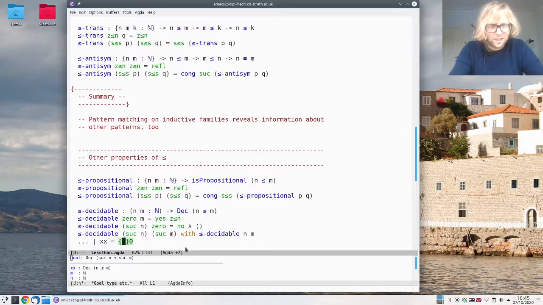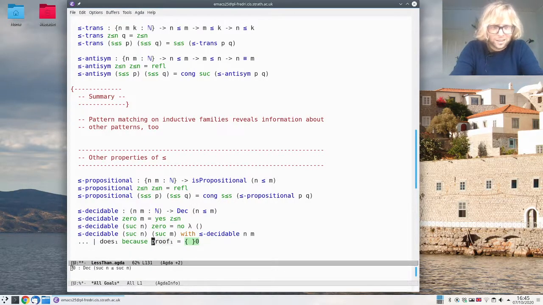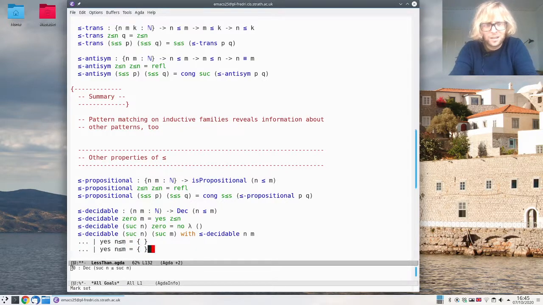Because now I have this extra assumption that xx is the result of running this thing. So if I pattern match on xx, okay, it's doing it a new way, so I'm going to do it by hand. It's either going to say yes, n is smaller or equal to m, or it is going to say no, n is not smaller or equal to m.